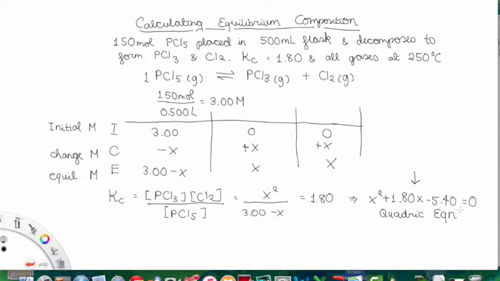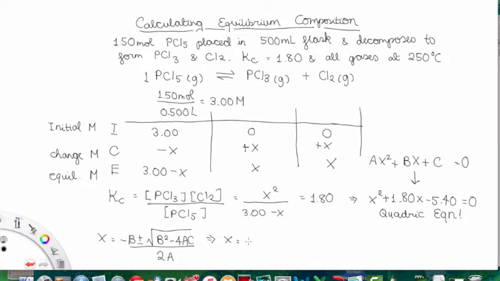And a quadratic equation can be solved by using this formula right here, where x is negative b plus or minus the square root of b squared minus 4ac, divided by 2a. So this is the common quadratic equation solution to something that looks like ax squared plus bx plus c equals 0. And that's exactly what we have right here. So now we can just plug in our values.